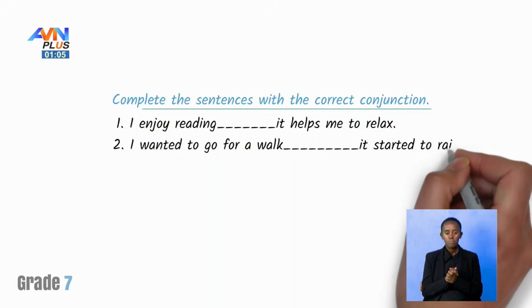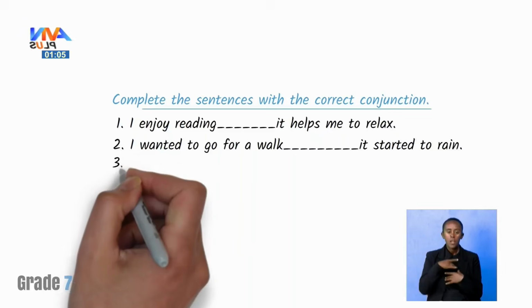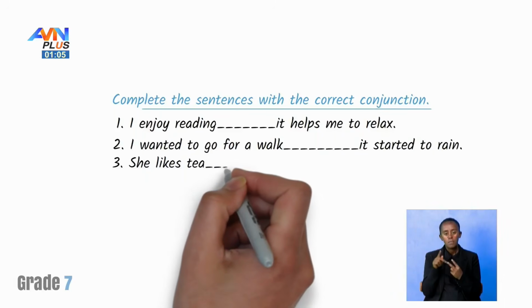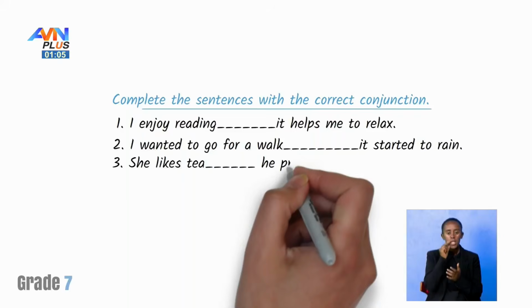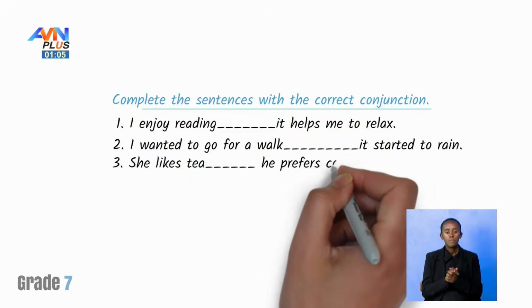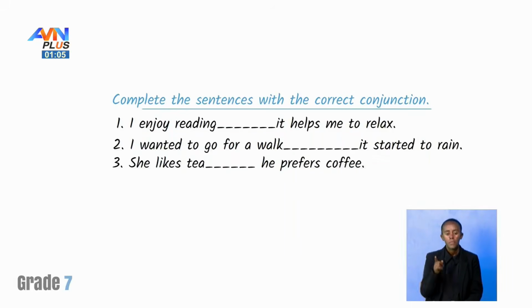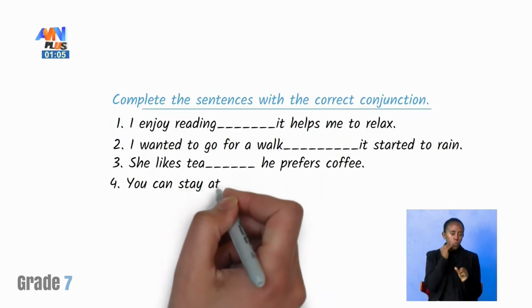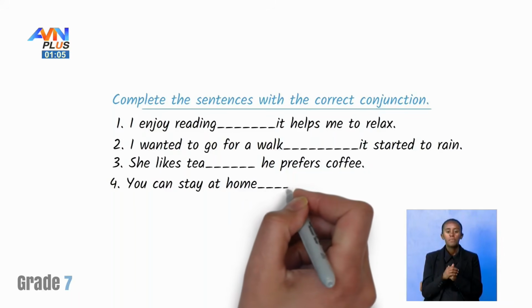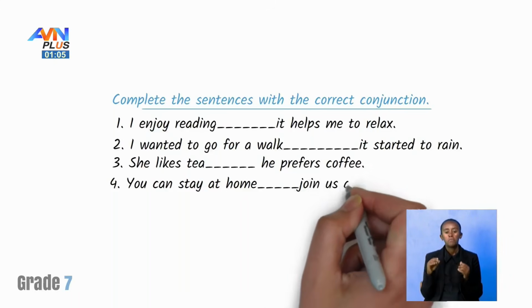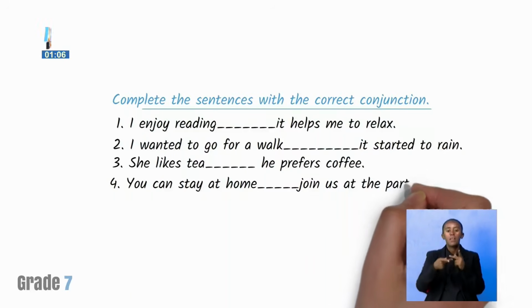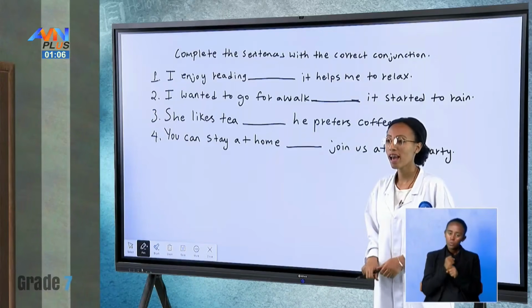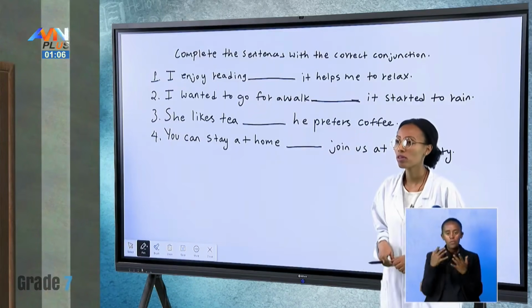Number 3: she likes tea, blank. He prefers coffee. Number 4: you can stay at home, blank. Join us at the party. Okay, so these are all the questions I want you to do quickly. I will give you 4 minutes to finish, and then we'll come back and do it together.